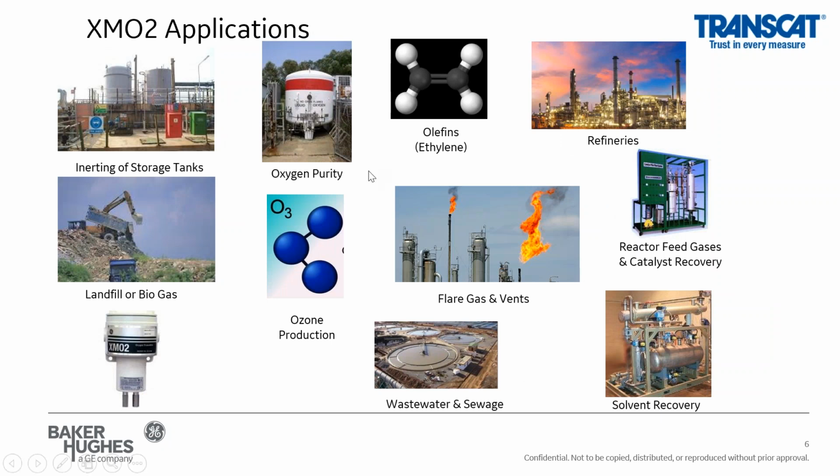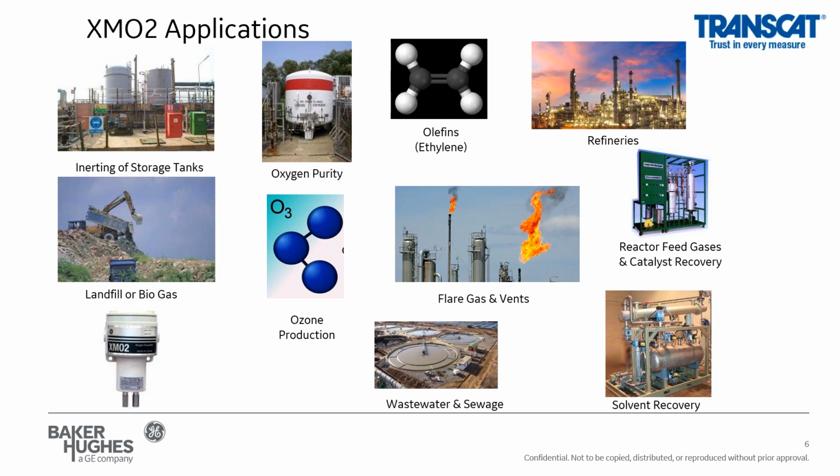There are a number of applications in addition to the inerting. We also measure oxygen purity in the manufacture of olefins, of which ethylene is the main one, and is the precursor for polyethylene, and that makes a lot of plastics and synthetic materials. In landfill or biogas, of course, like any fuel, natural gas, you can't burn gas unless you have oxygen present.